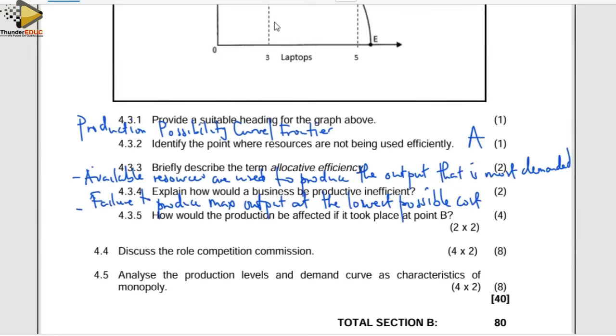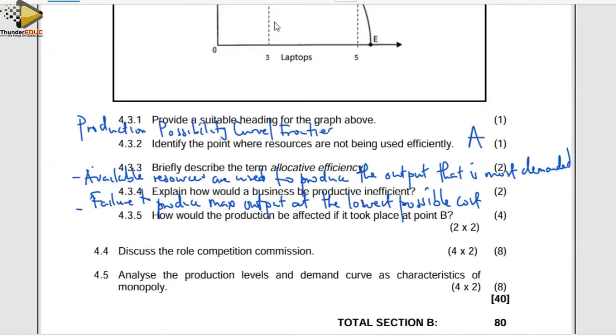So it means all businesses, for them to be efficient, must produce at the lowest point of their average cost. They must try to minimize the cost of production per unit. They must produce at a point where the marginal cost is at its lowest.